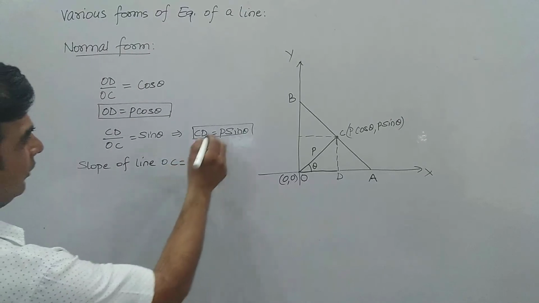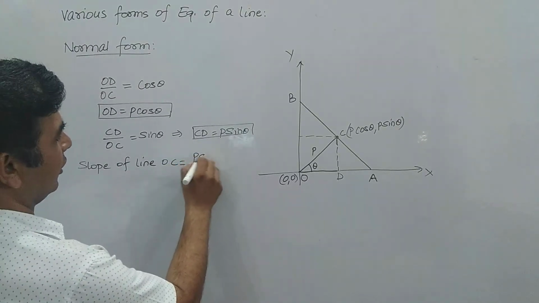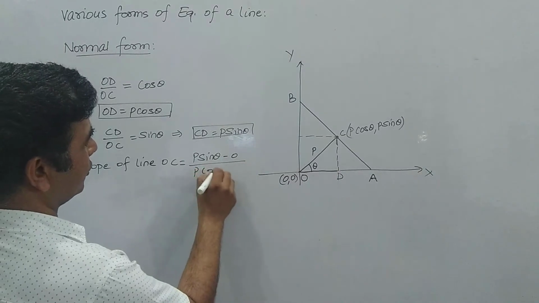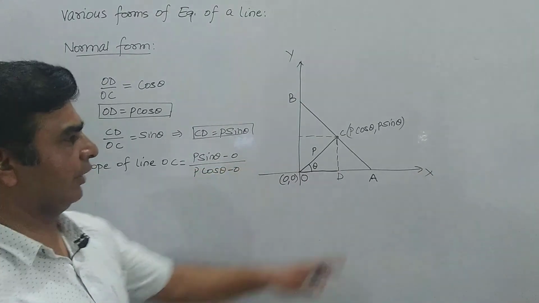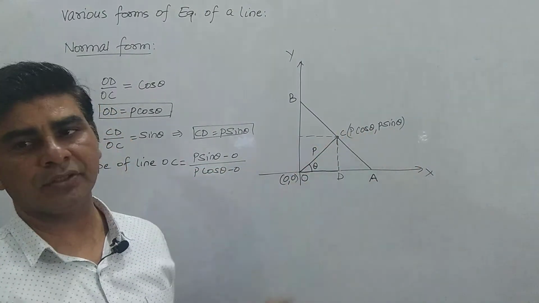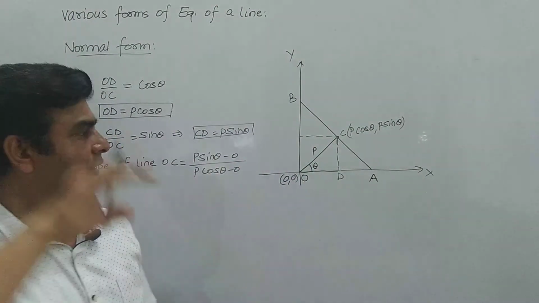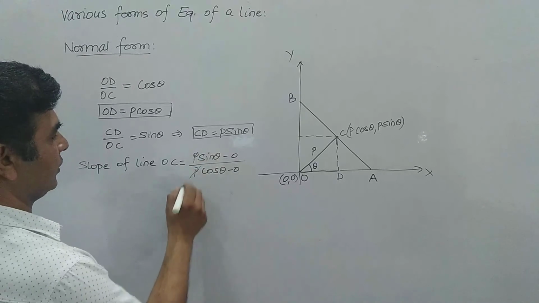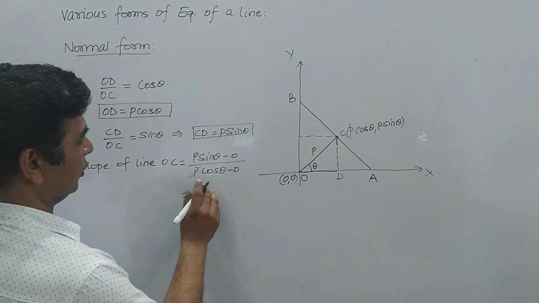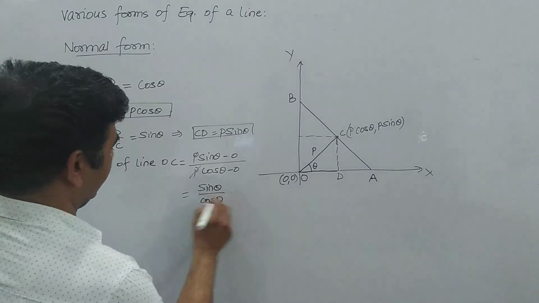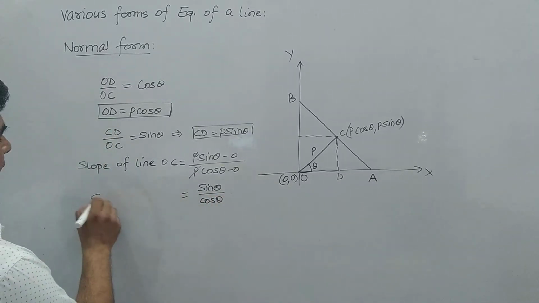This is given by p sin theta minus 0 upon p cos theta minus 0, that is, y2 minus y1 upon x2 minus x1. p cancels with p, so this is sin theta upon cos theta. This is the slope of line OC.